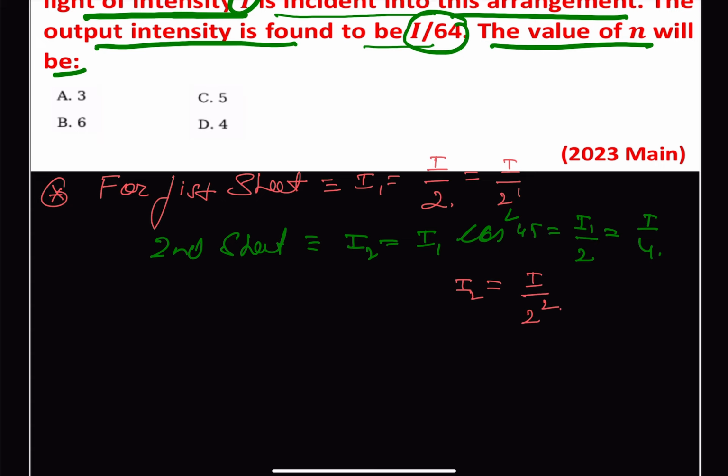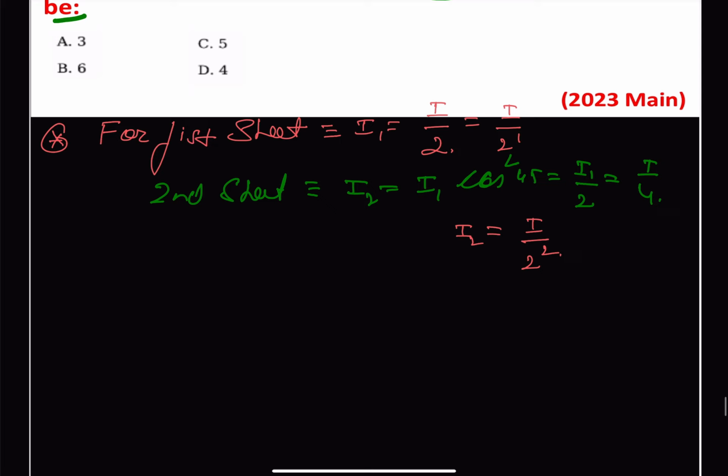So it means for nth sheet, I of n will be equal to I upon 2 raised to power n, and this is given as I upon 64.